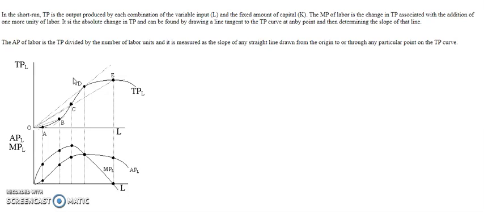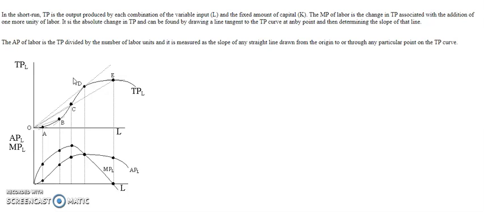The marginal product of labor is the change in total product associated with the addition of one more unit of labor. Marginal means additional. That means the change in total product and the change in labor.